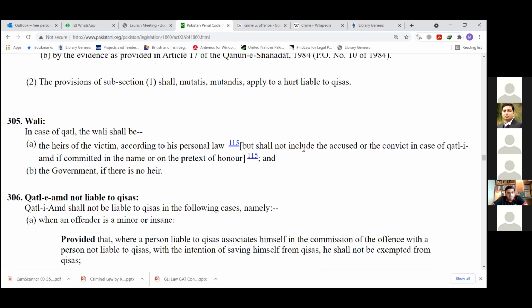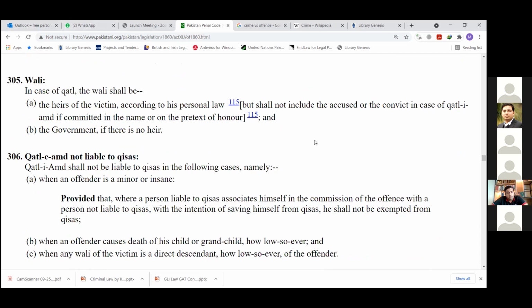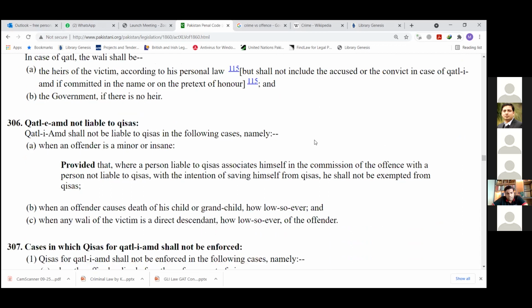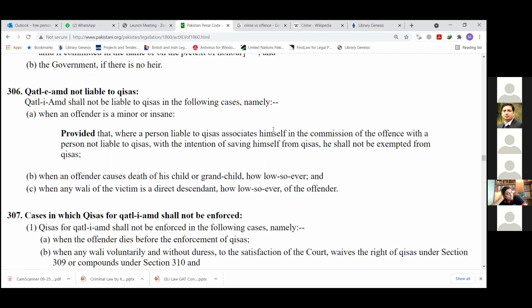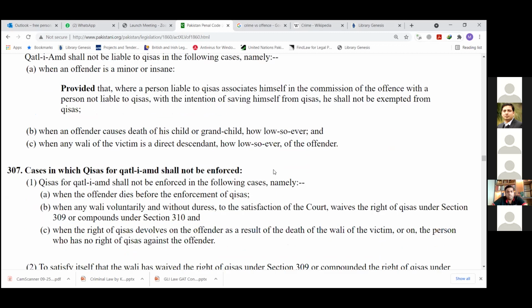Section 305 defines Wali, which means heirs of the victim. Section 306 defines when Qisas shall not be enforced: when the offender is a minor, or the offender causes death of his child, grandchild, etc., or the Wali is the direct descendant of the victim.